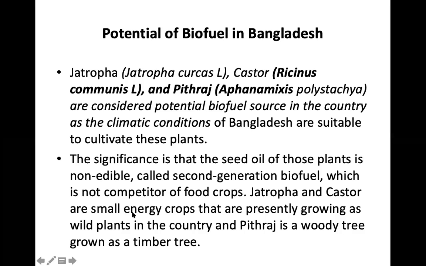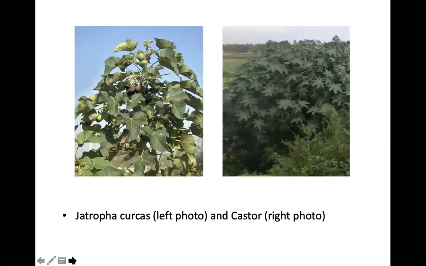Jatropha and castor are small energy crops that are presently growing as wild plants in the country, and Pitras is a woody tree grown as a timber tree. Here you can see Jatropha and castor, and they are available.